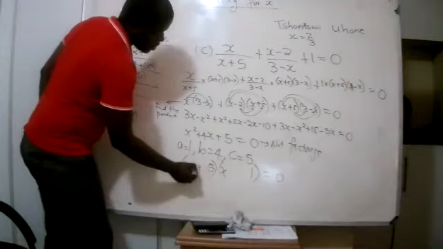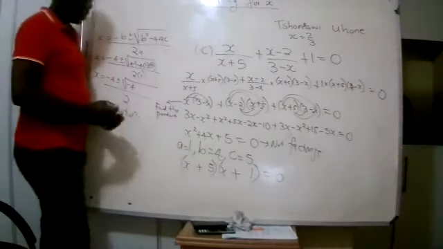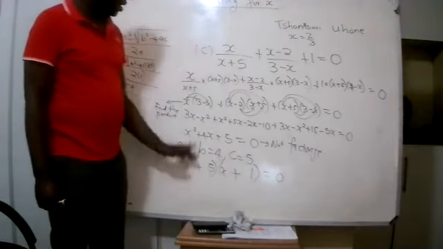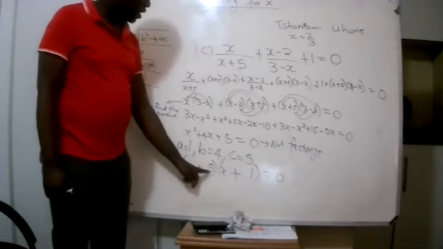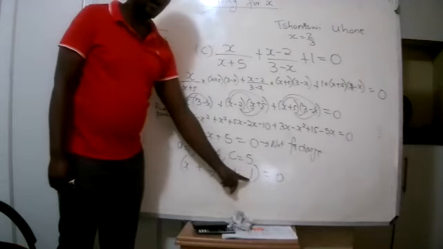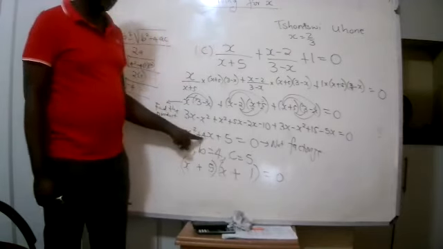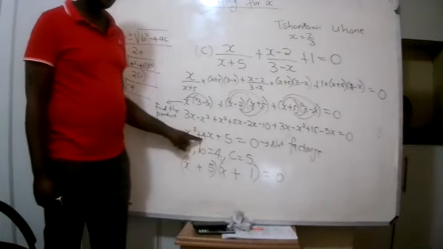Let's take the first scenario when both are positive. The product is positive, and the middle term must be positive 4, but positive 5 and positive 1 do not give 4.